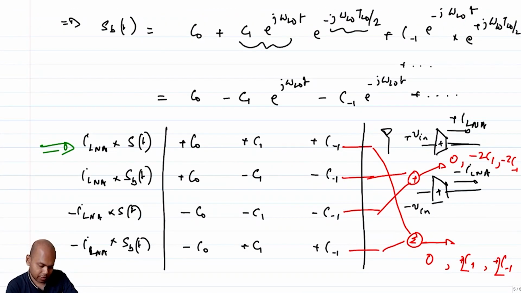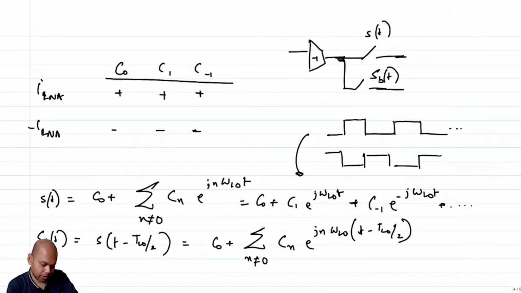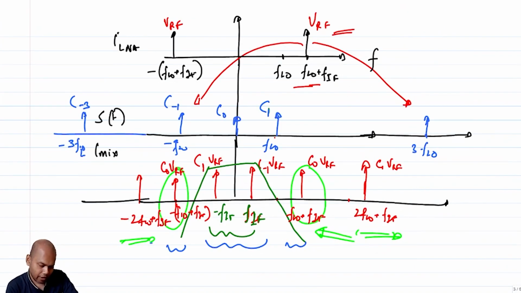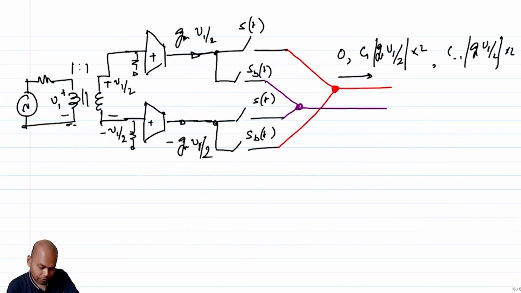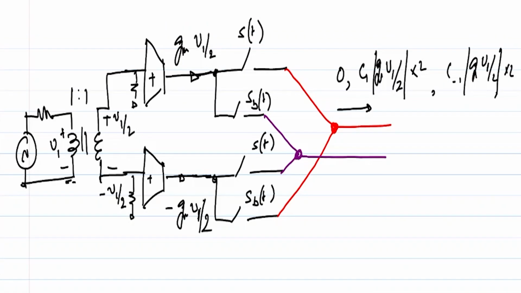Which are the terms which I have not talked about? You can have the component corresponding to this 3FLO, this 2FLO plus IF and so on, right? So these terms will also come in, but they are not the closest terms. We have been able to get rid of the term which was giving us trouble.